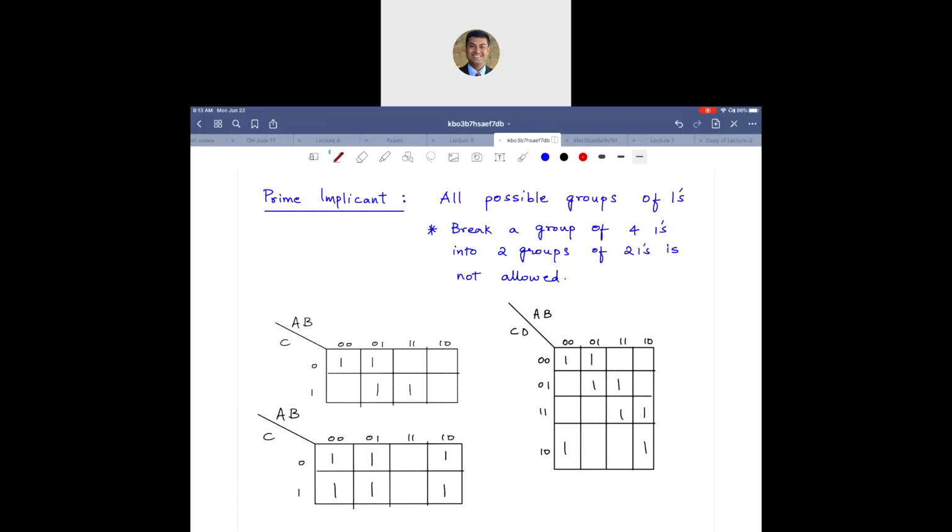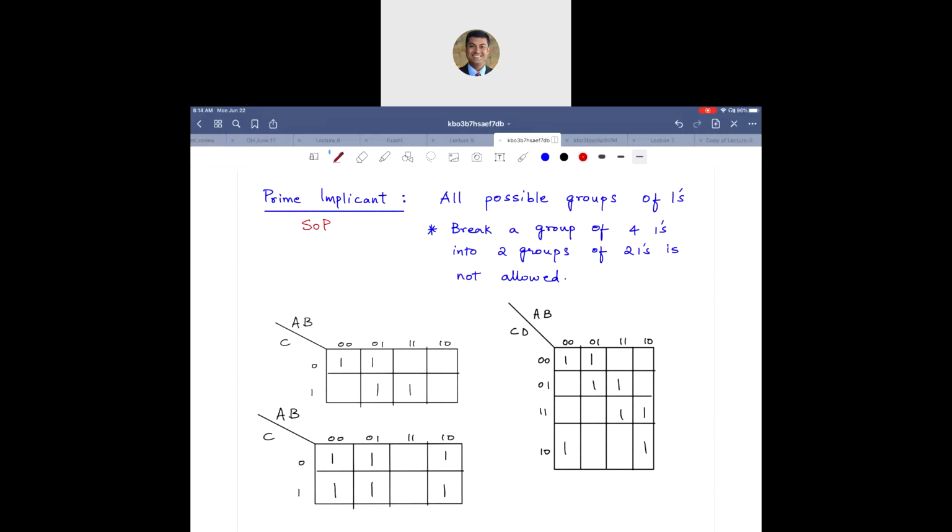So what is a prime implicant? A quick disclaimer over here. I am focusing on combining the ones in these 3 definitions. So essentially, I'm talking about sum of product prime implicant, sum of product essential prime implicant, sum of product redundant prime implicant. But I will be focusing on sum of product versions.